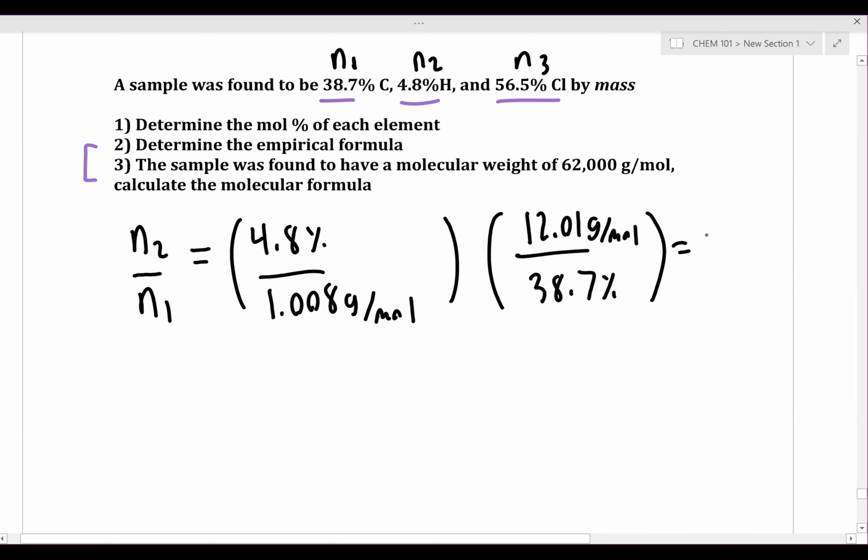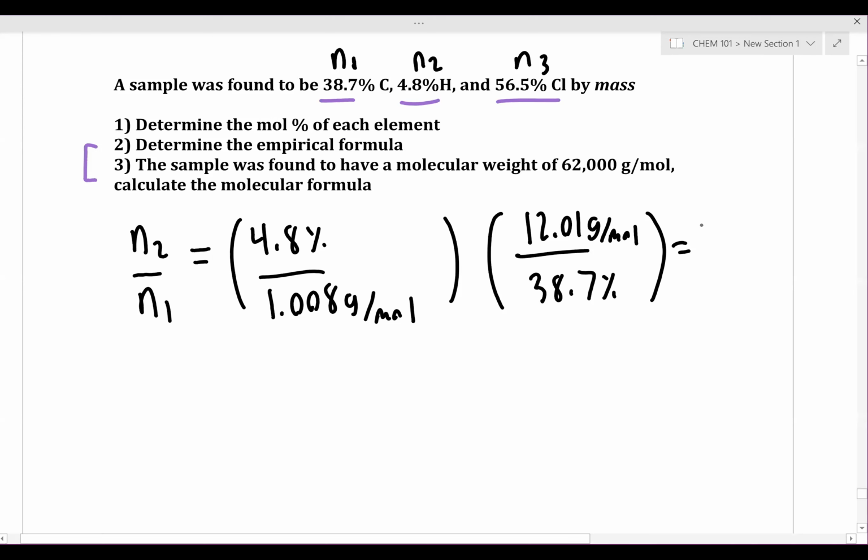Okay, and this time we're just going to punch this into our calculator right away. So we have 4.8 divided by 1.008 times 12.01 divided by 38.7. And that gives us a number that is staggeringly close to 1.5.